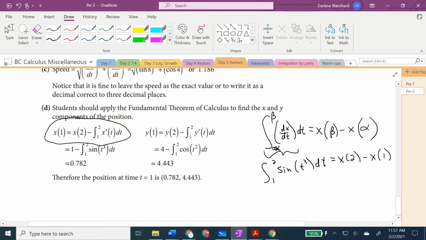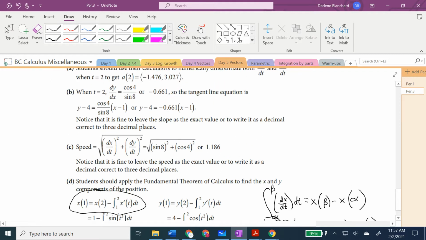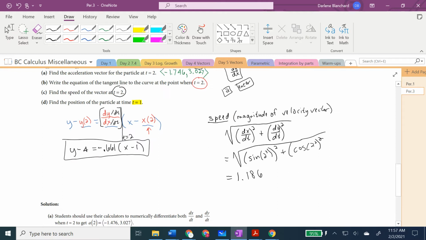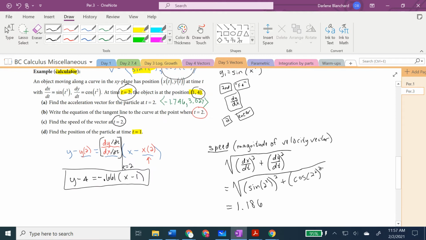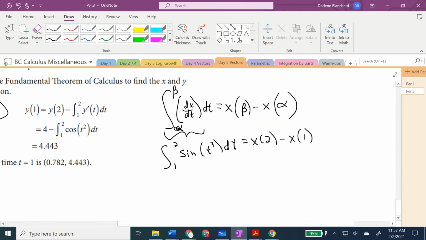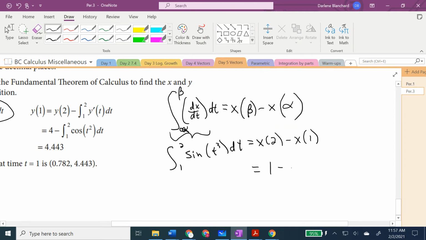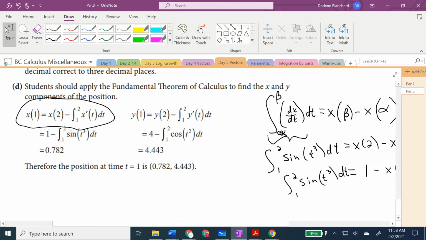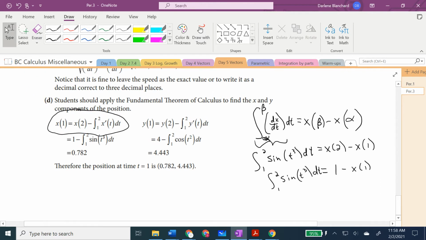You know that x of 2 is 1. So if you set up this equation in this way, you'll end up with the same answer in the end. I just know I need to point that out to you because some people depend on just using the fundamental theorem of calculus in its raw form every time.